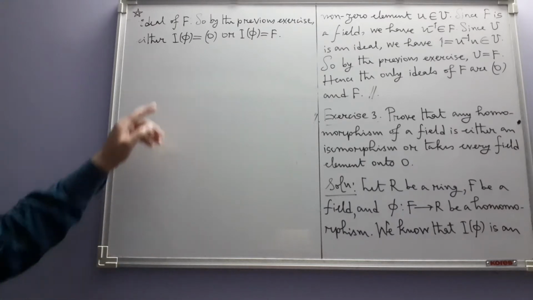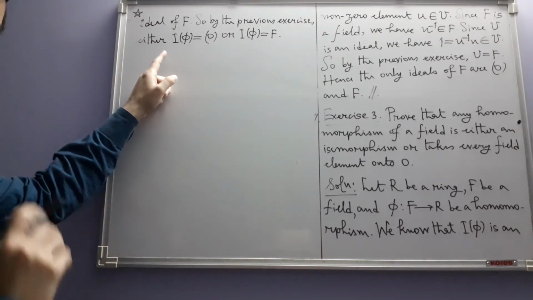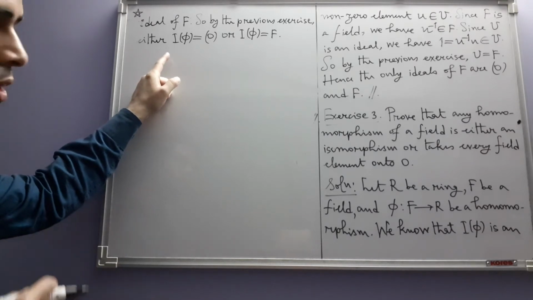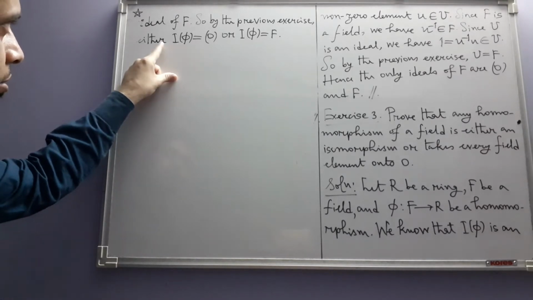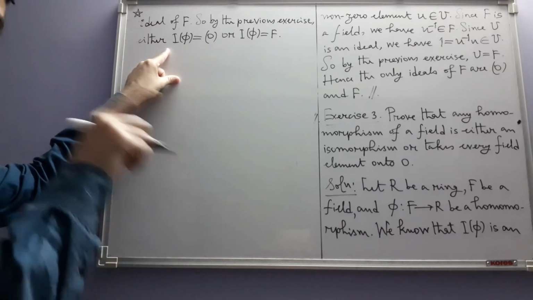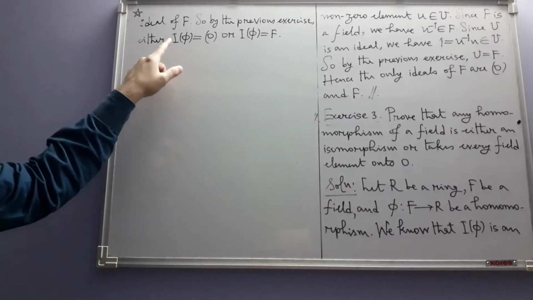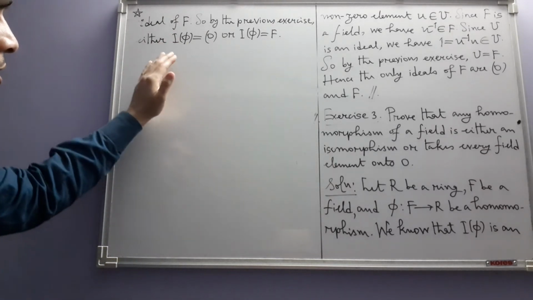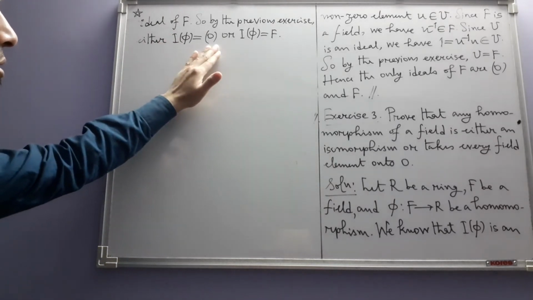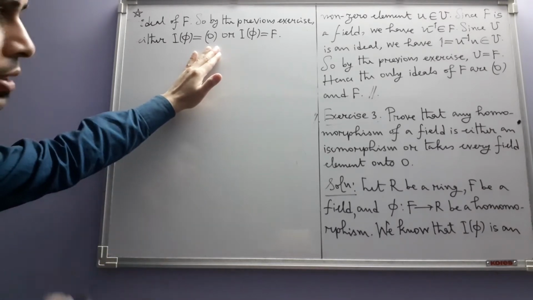Now we know from a previous lemma in section 3.4 that a ring homomorphism is an isomorphism if and only if its kernel is the zero ideal.